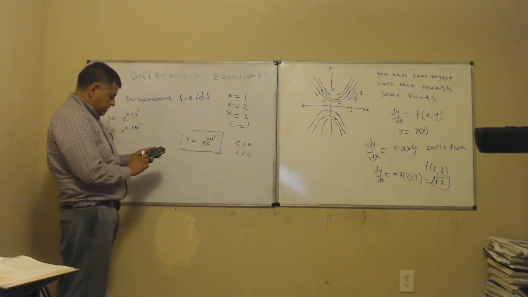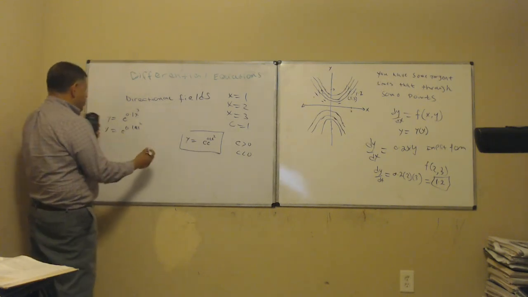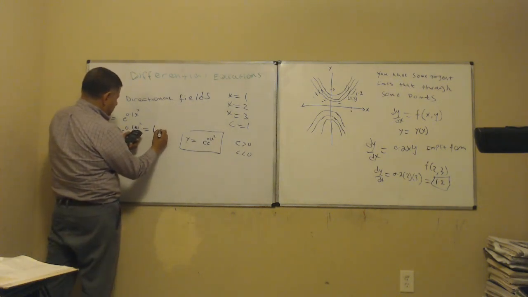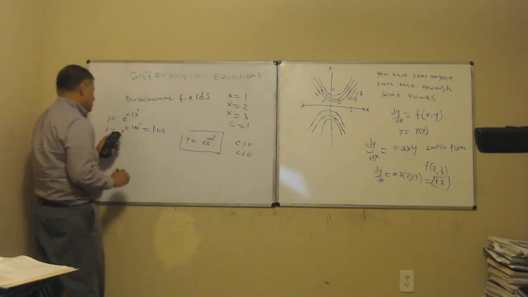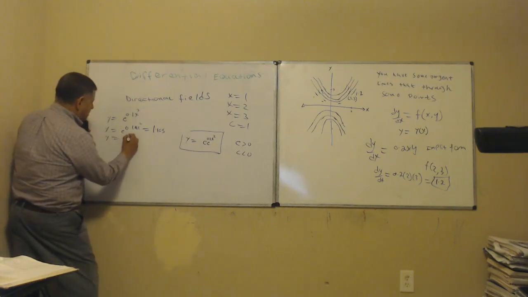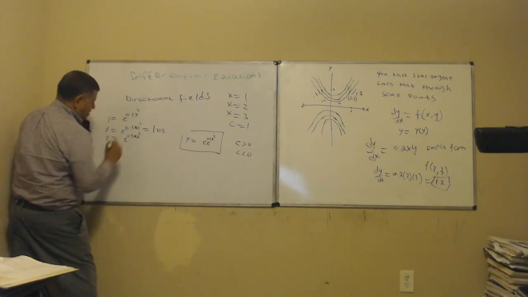e to the 0.1 times 1 squared, right? So the first value for this is 1.0, right? 1.5. Next point, y equal to e to the 1 times 2 squared, right?